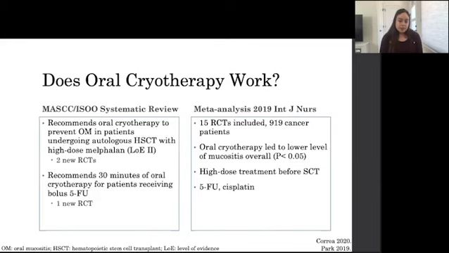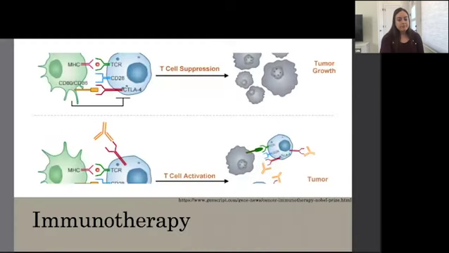But overall, the studies that were included were of the same patient population that I mentioned already, which are patients receiving high-dose chemotherapy for stem cell transplants and patients receiving 5-FU. And one of the studies looked at cisplatin as well. So across the board, there's not a lot of good evidence for it, but specifically in a couple of circumstances, there's more evidence to recommend.